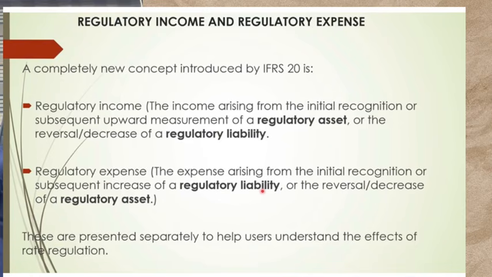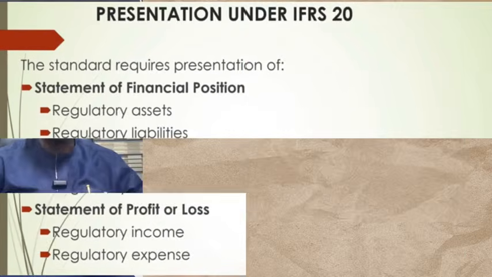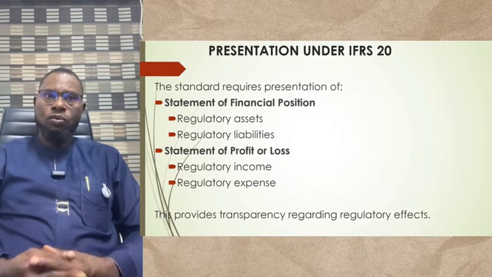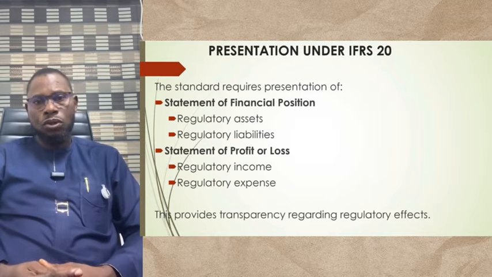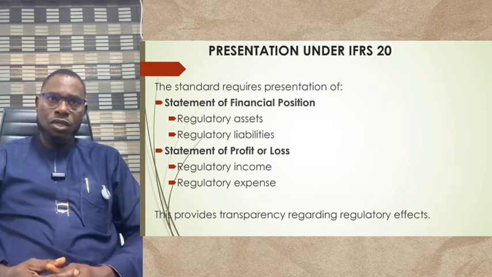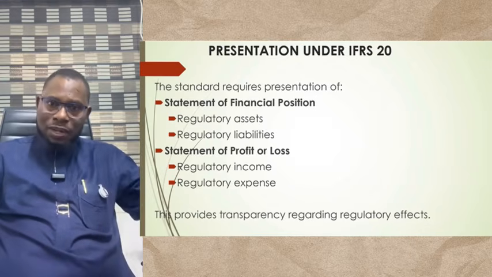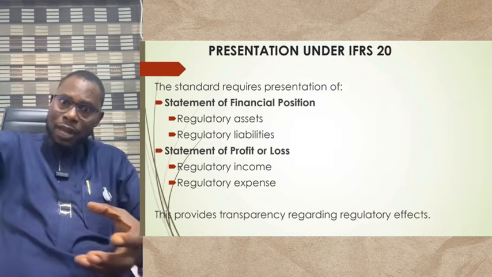Now let's look at presentation under IFRS 14. So we have presentation in the statement of financial position, and we also have it in the statement of profit or loss and other comprehensive income. So under the statement of financial position, that's the balance sheet, we have regulatory assets and regulatory liabilities reflecting. You know where all assets will be.